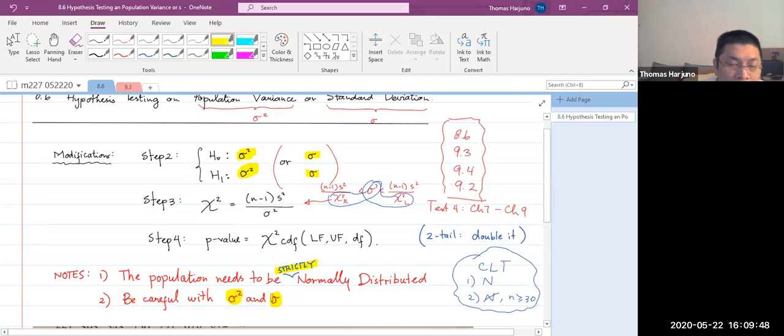Now the thing is, of course, it affects your step two, your hypothesis, but importantly, in your computation, it will affect here. If they give you the population variance, then that's what you use. Let's say population variance is 4, right? Okay, then you use 4 here. Now imagine if standard deviation is 4, then what will you use here?